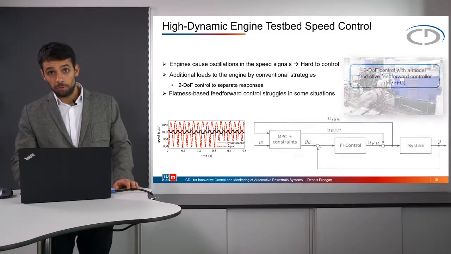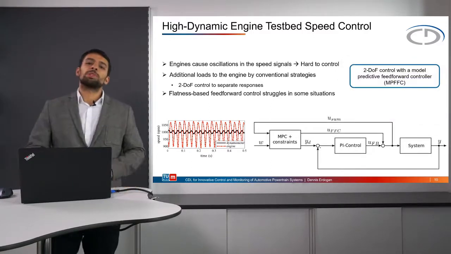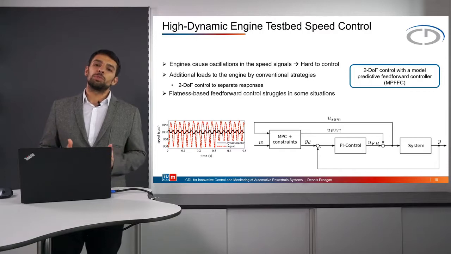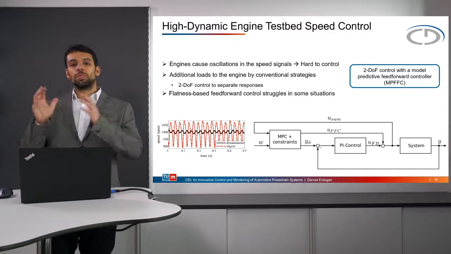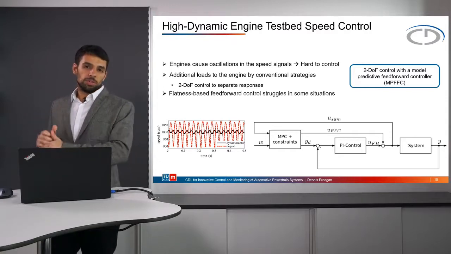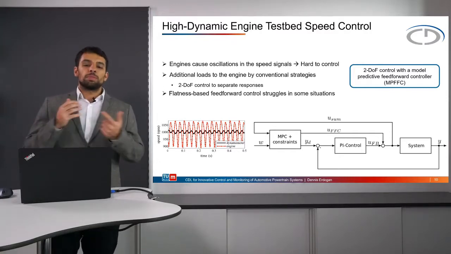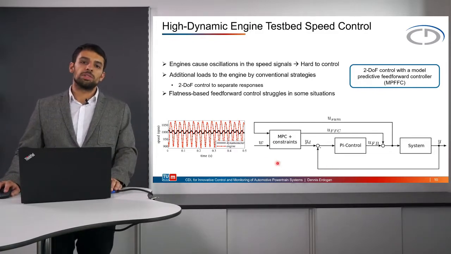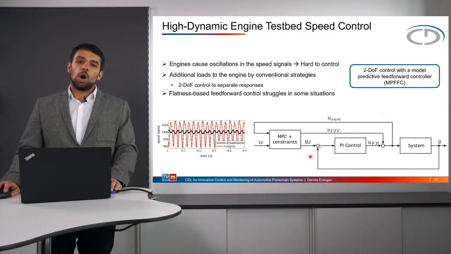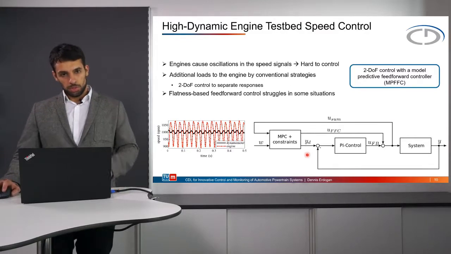Therefore, we are presenting a 2-degree of freedom control with a model predictive feed-forward controller, which produces optimal feed-forward trajectories for the input and for the output. Down here, you can see the block diagram of such a control scheme.